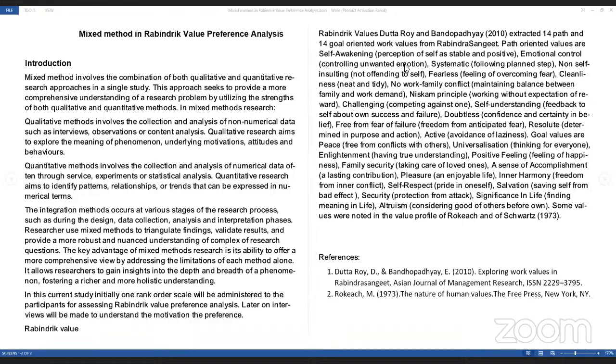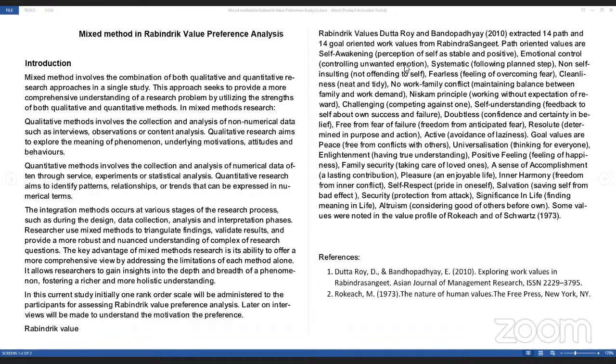The integration methods occur at various stages of the research process, such as during the design. So when you design the research, at that time you can think of both qualitative and quantitative. Data collection, analysis, and interpretation phases.